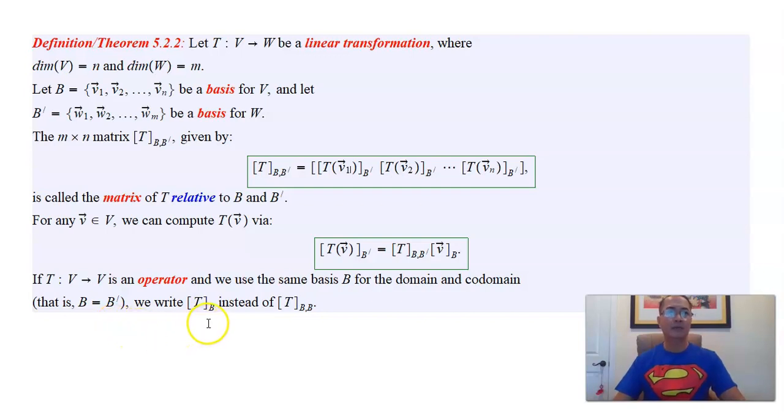Why shouldn't they be? Then we will just write the matrix of the operator T with respect to B, instead of T, B, B. That's a little bit of a redundancy.